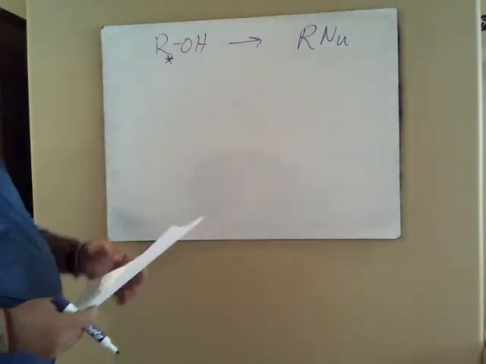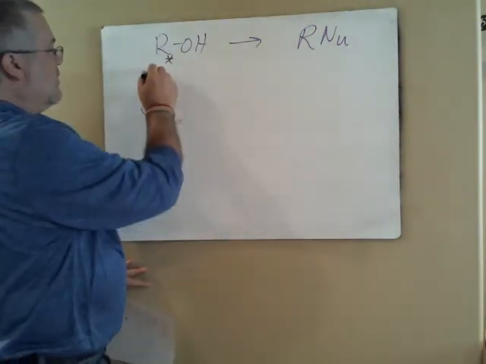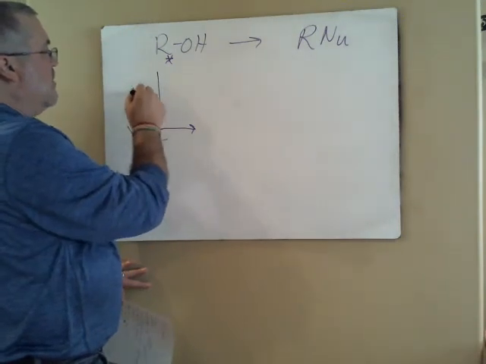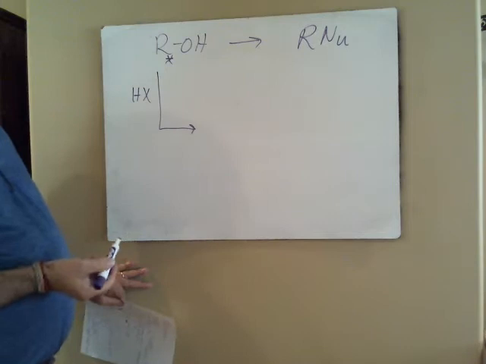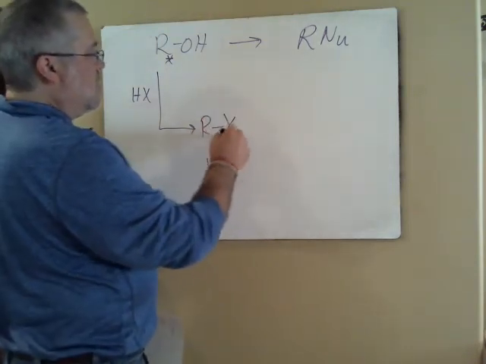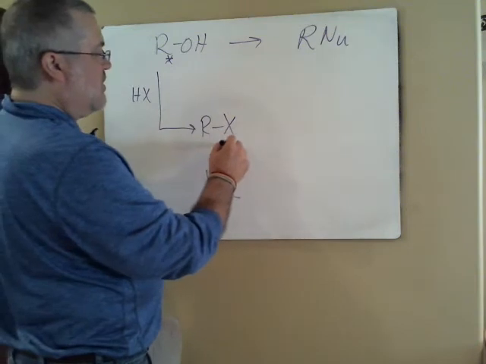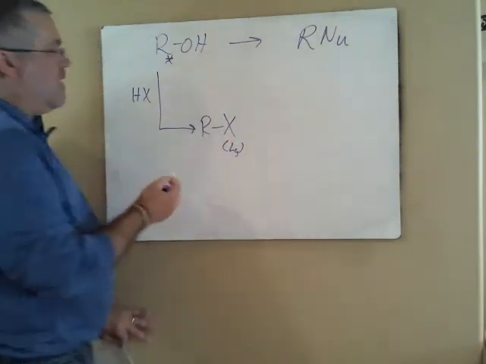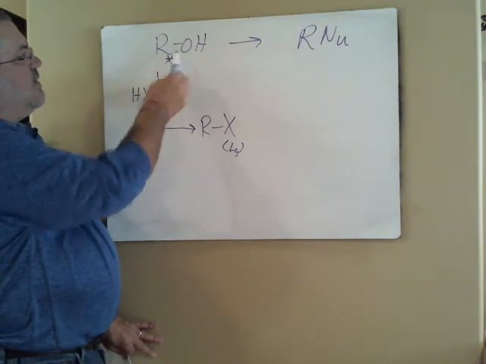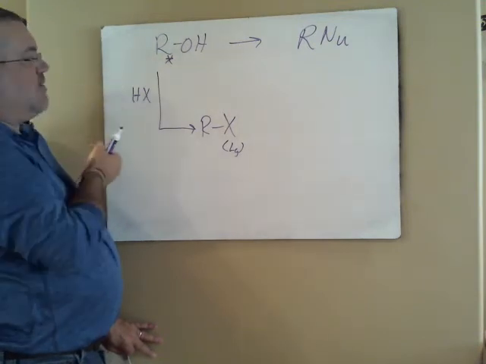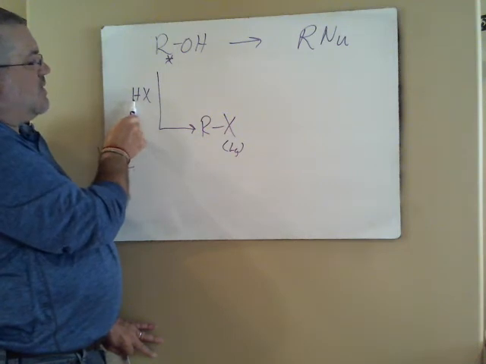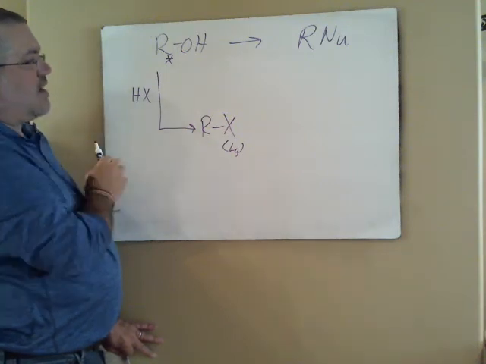Well, what are the ways that we've talked about doing this? The first is we said, when we talked about using these mineral acids like HCl or HBr, we were forming the X group here, which was a leaving group. Okay, and remember when we did that, we were converting this into a better leaving group by protonating it and then reacting it with the X.